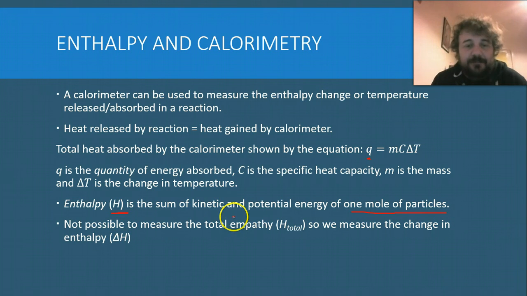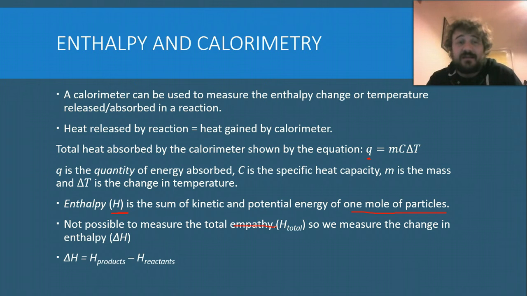It's not possible to measure the total enthalpy of a system, not really, especially not in the high school lab. So we measure the change in enthalpy, and basically, the change in enthalpy is the products minus the reactants. So what you have at the end, you take away the reactants, whatever's left over, that's the change.